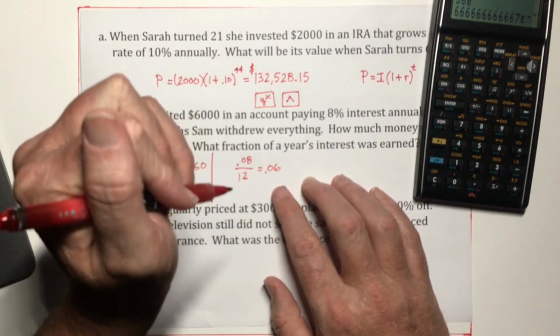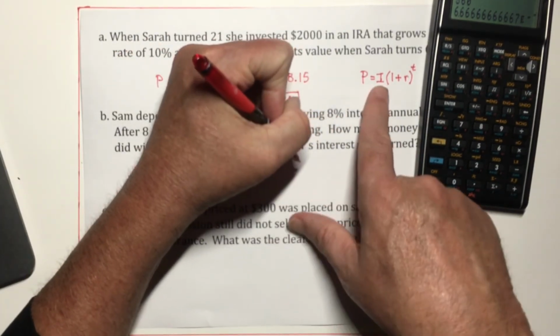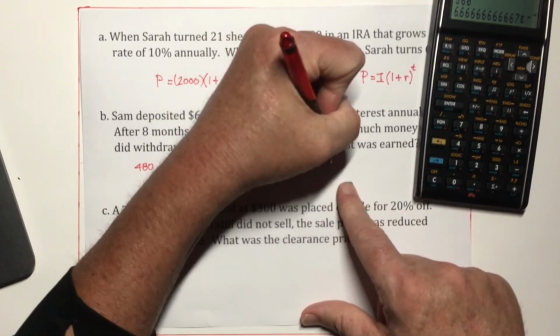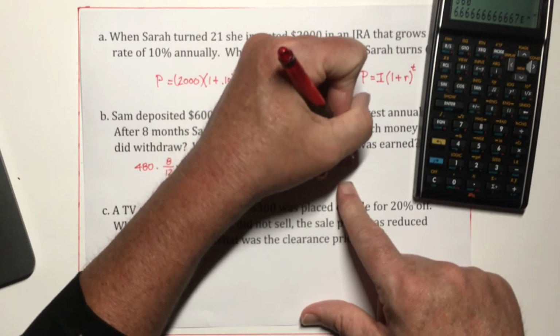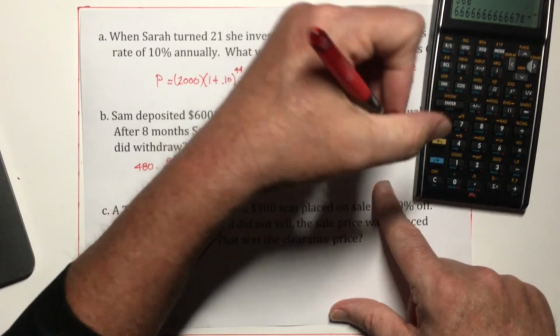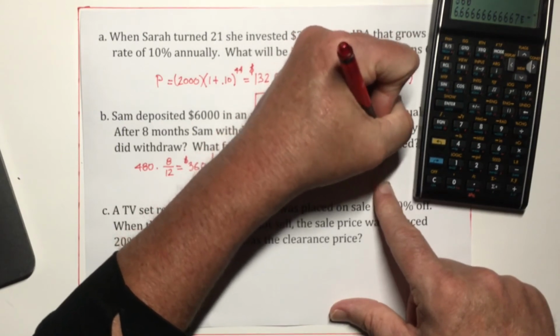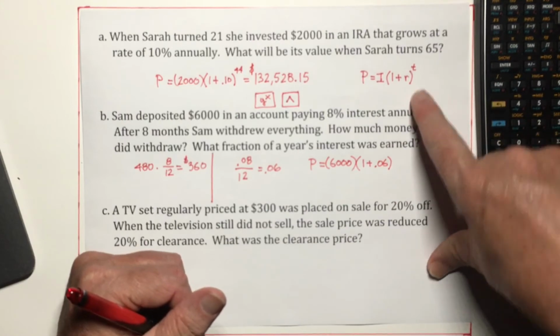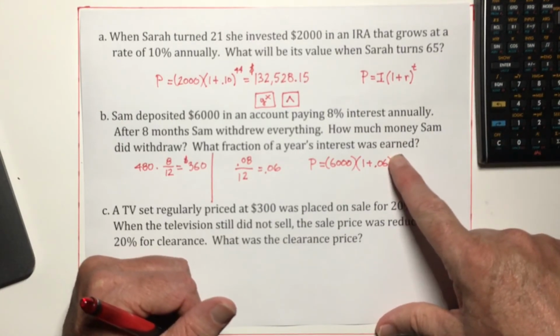Now, when we use this formula up here, we're trying to find our principal amount. So our initial investment is $6,000 times 1 plus the interest rate, which is 0.00666. But now, T here is not the time.